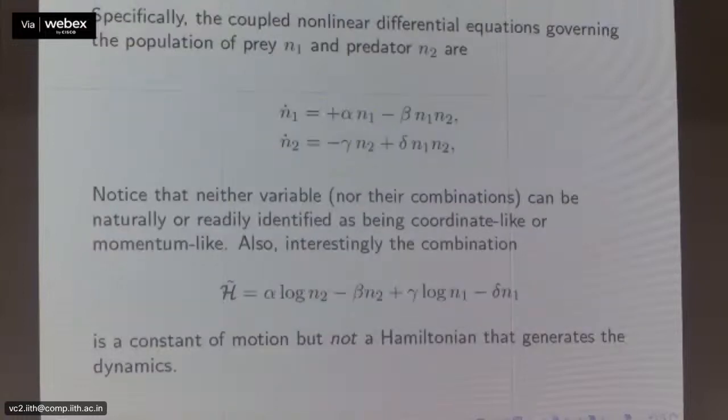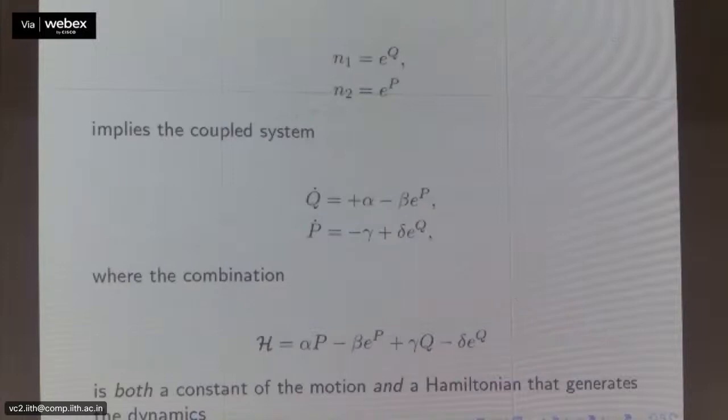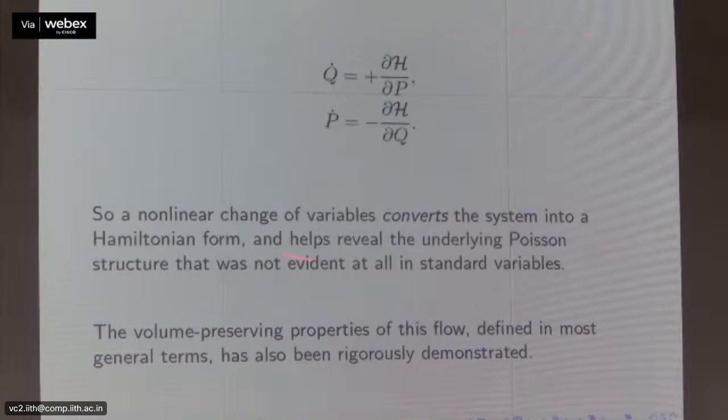Here is, for instance, a Lotka-Volterra system which looks like so. Neither variable nor their combinations are coordinate-like or momentum-like. It has constants of motion. Not all constants of motion are Hamiltonian. These are just fun things. But this one is. So if you do this particular transformation, you get a function which generates your flow.